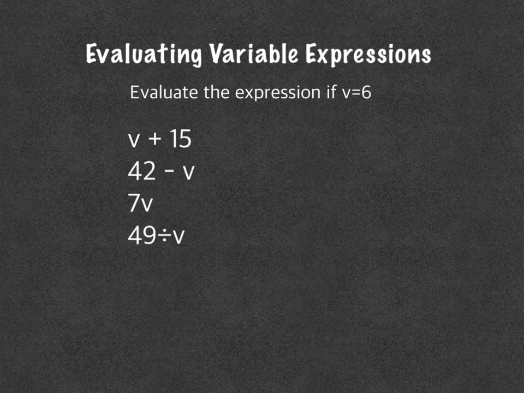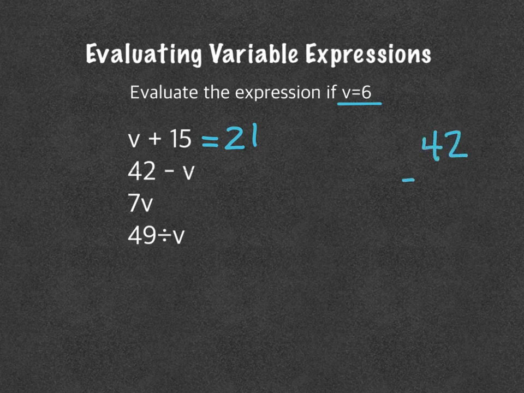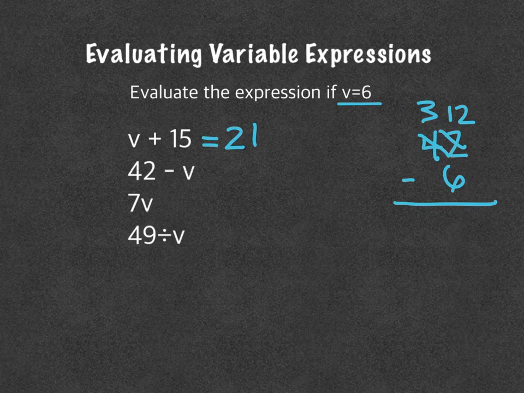v equals 6. So for each of these, v is going to equal 6. So v plus 15, or 6 plus 15, would be 21. 42 minus v, and again, don't be afraid to do side math. 42 minus 6, so if we regroup this, 3, 12. 12 minus 6 is 6. 3 minus nothing is 3.